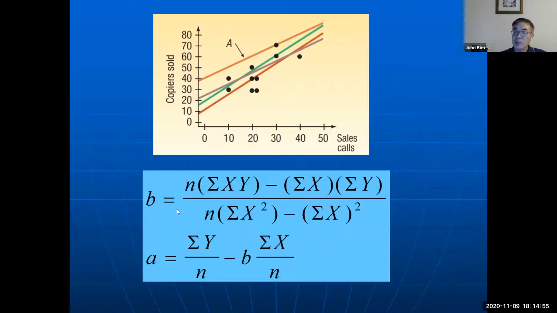Then we get the formula for slope and intercept.